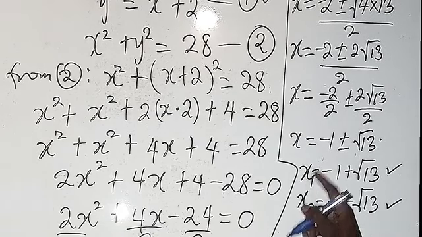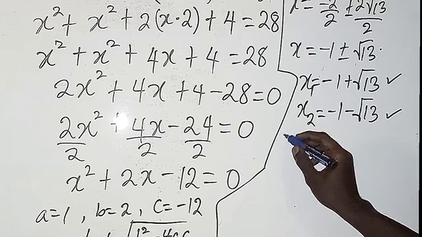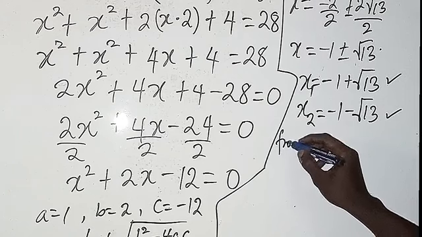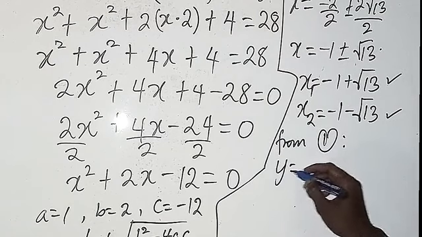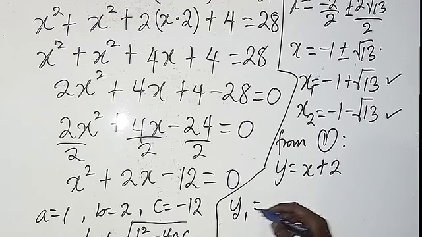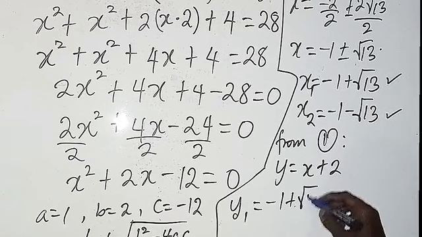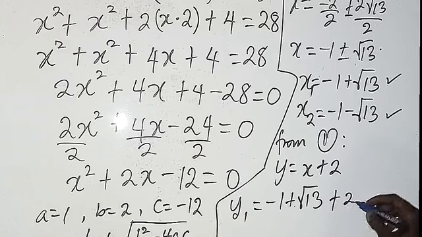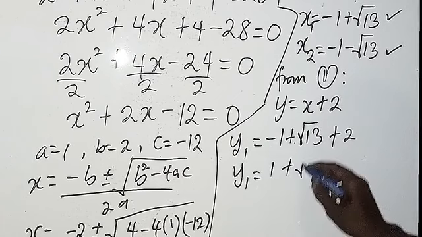But don't forget that we are not looking for only x, we are looking for y too. So from equation 1, which is y equals x plus 2, we get y1 when x1 is minus 1 plus root 13, then plus 2. So y1 is 2 minus 1, which is 1 plus root 13.